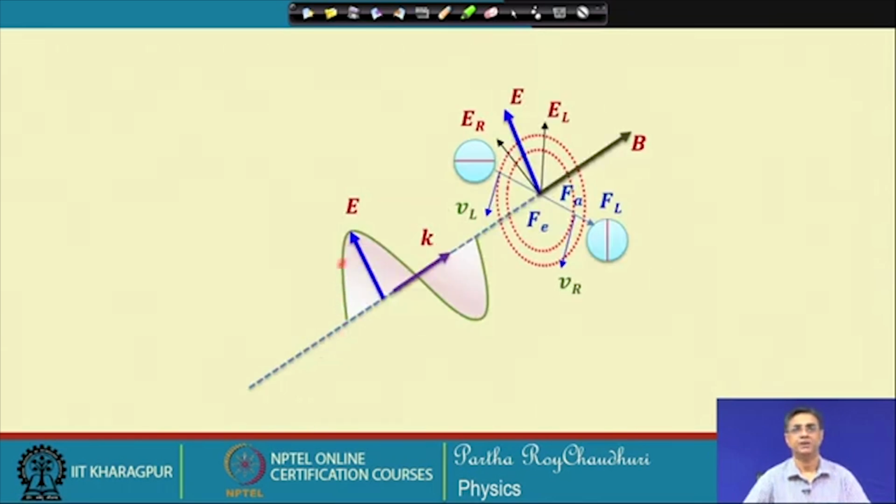So, you have a linearly polarized light which can be thought of as a combination of a right circularly polarized light and a left circularly polarized light, giving the resultant which is the same as the linear polarization.